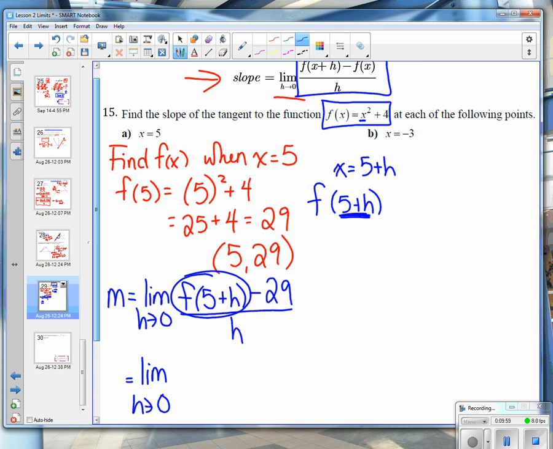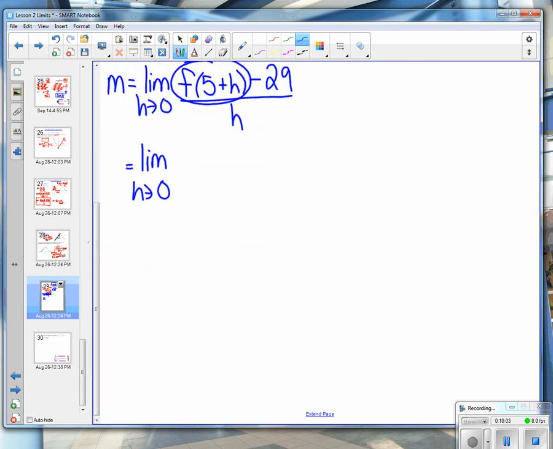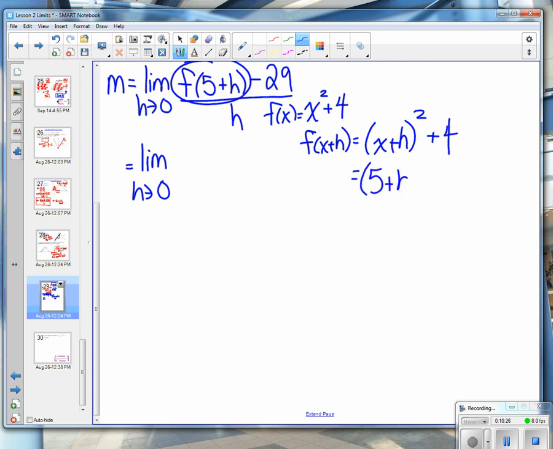It's x squared plus 4, I'll write that out here. x squared plus 4, that's our f of x. So we know that f of x plus h has to be x plus h squared plus 4. Now remember as well, we know that x is equal to 5. So that's going to be 5 plus h squared plus 4.